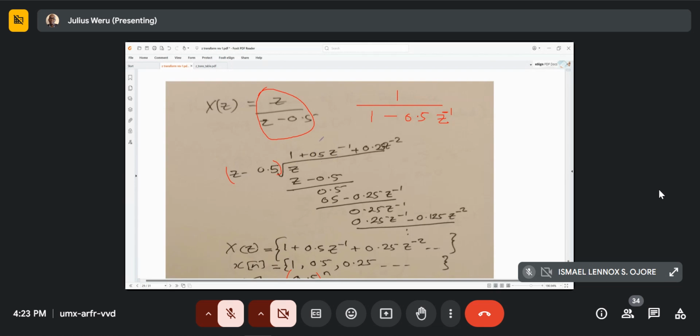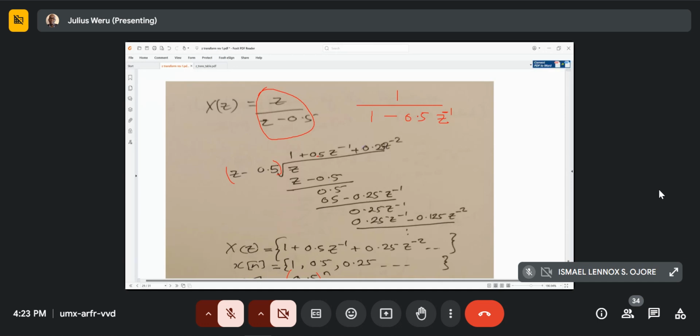It's interesting, because of 0.5, we're trying to make this 0.5. So it can be 0.5 z to the minus 1. So you get your 0.5 minus this. Then this will go 0.25 z to the minus 1.